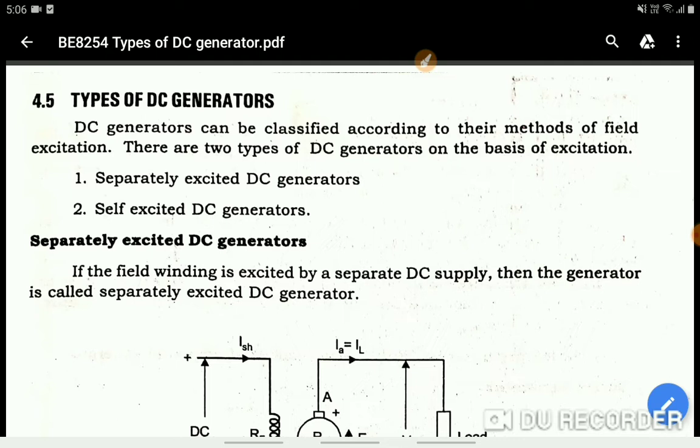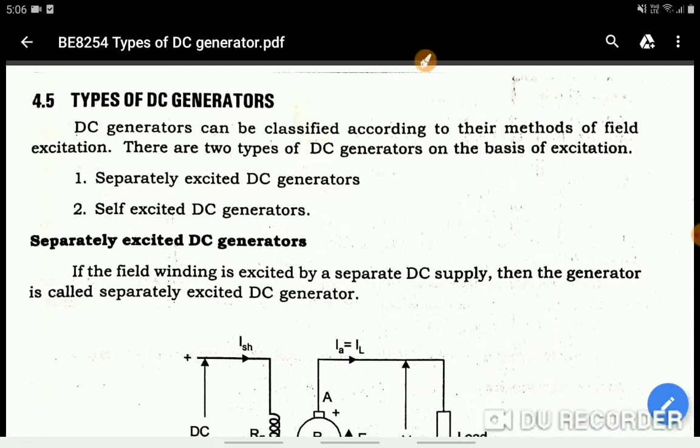So accordingly, if we are giving a DC supply by means of an external source, that comes under a separately excited DC generator. Or if the DC supply required to magnetize the field coils is taken from the DC generator itself, then it comes under a self-excited DC generator.